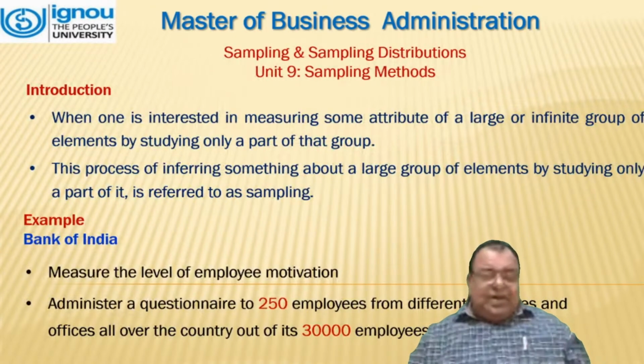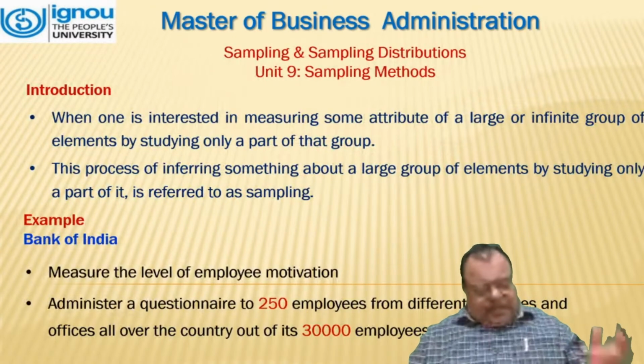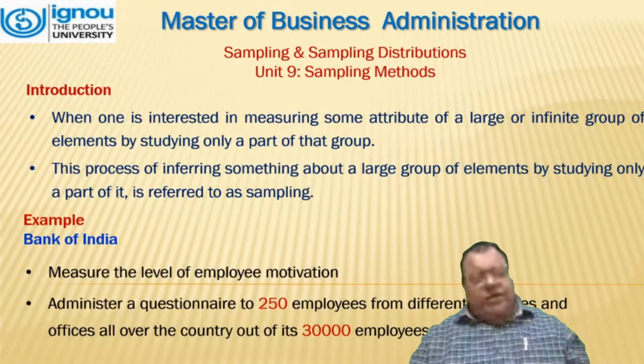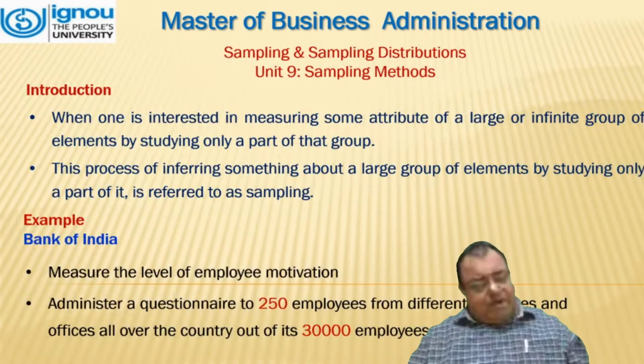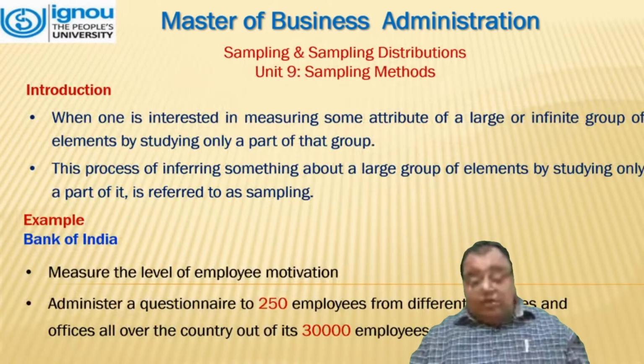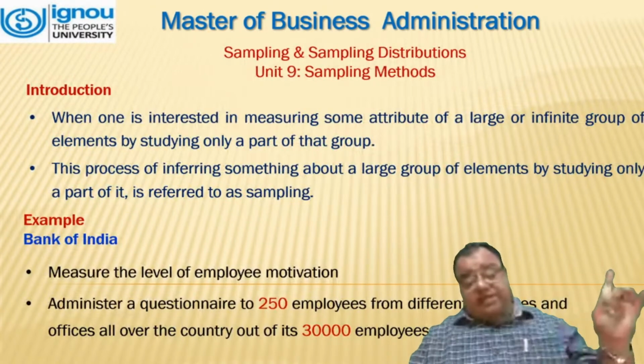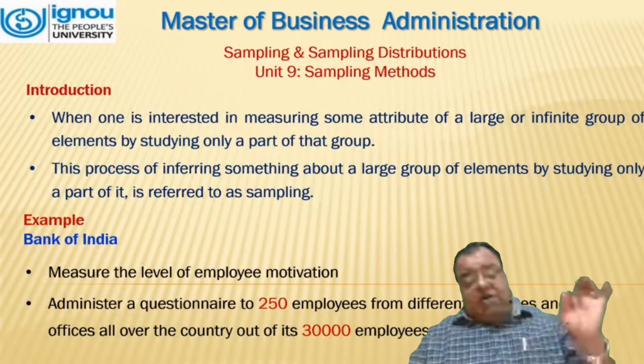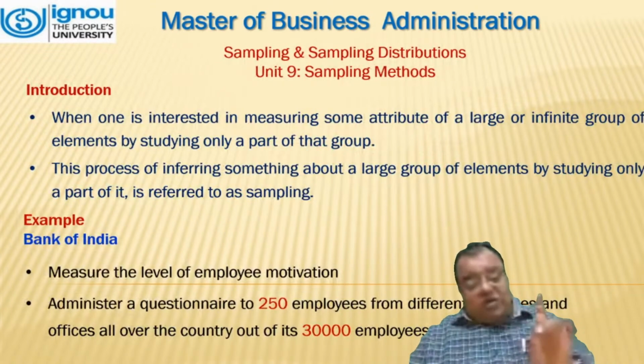Suppose here the example is of Bank of India. We try to measure the level of employee motivation. The administrators are questioning 250 employees from different branches and offices all over the country out of its 30,000 employees.